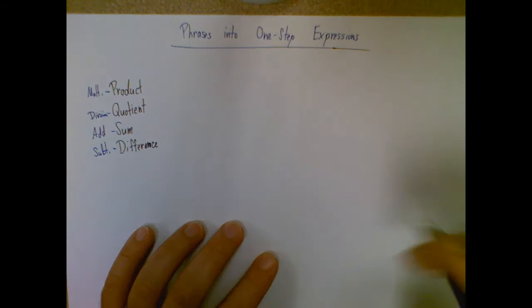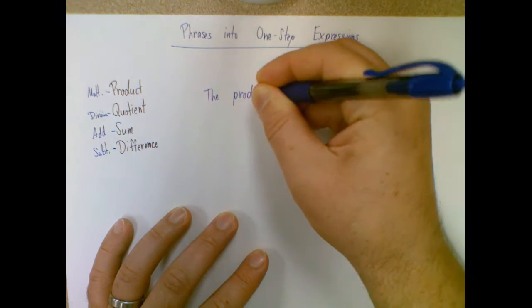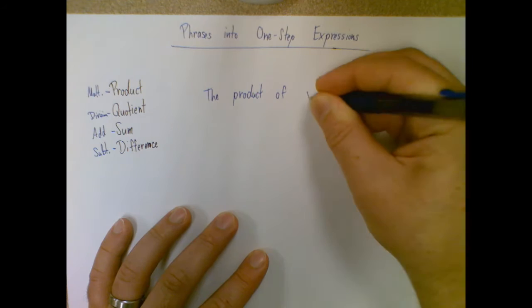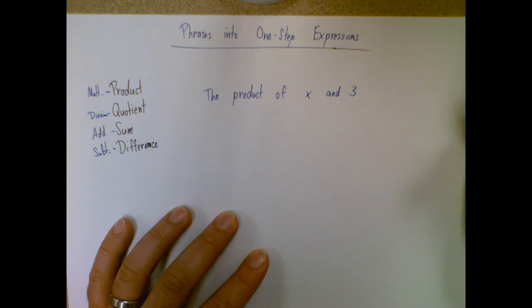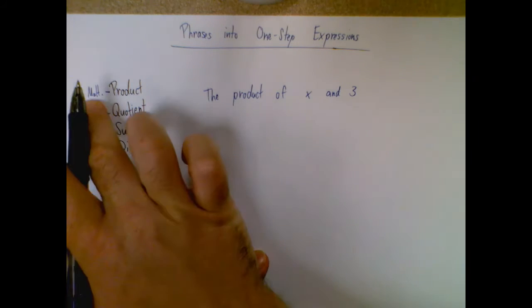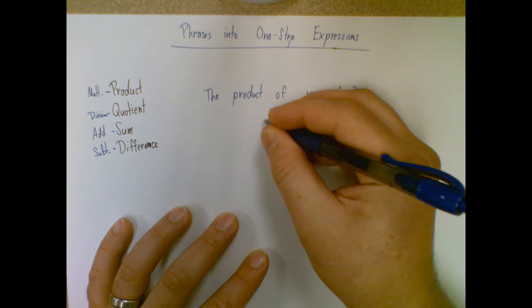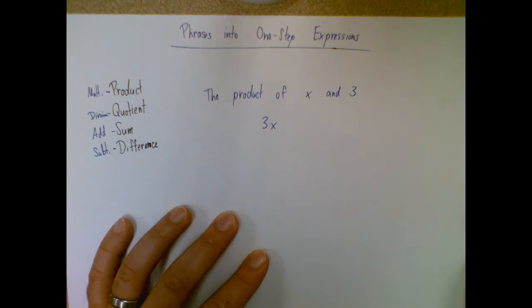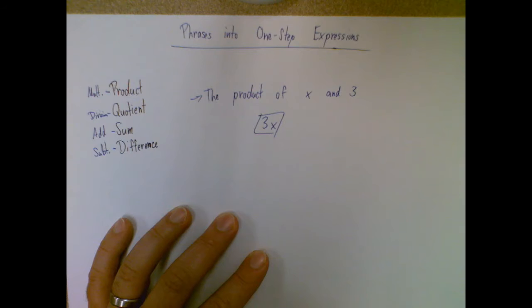For example, maybe you'll see something like the product of x and 3. Okay, if you see that, the word product is telling you it's going to be multiplication, so your answer is just x times 3, or 3x. Okay, so that would be your expression.